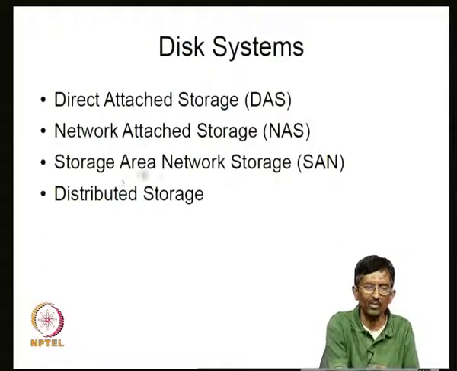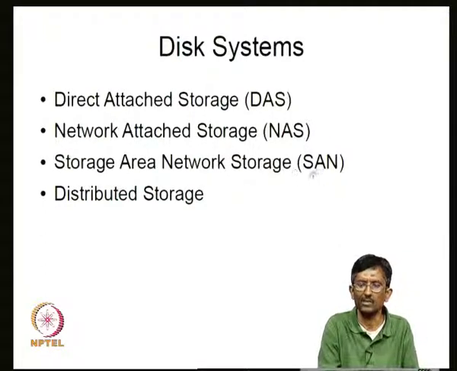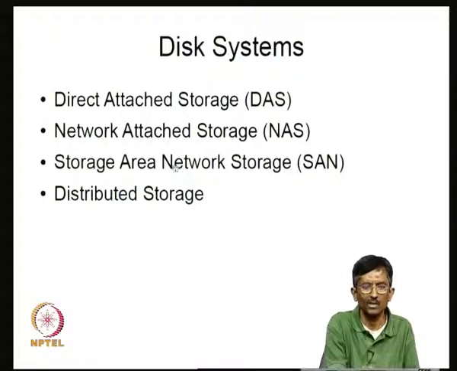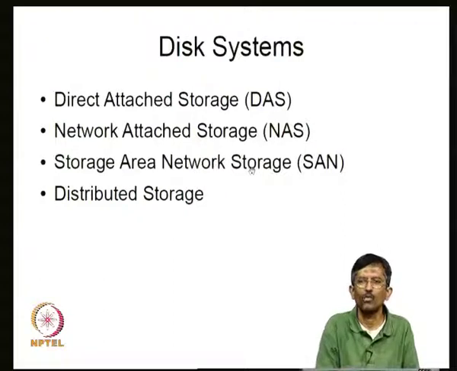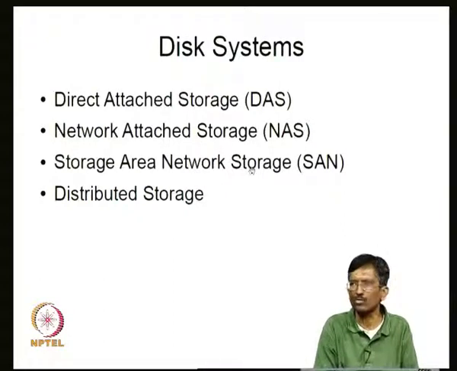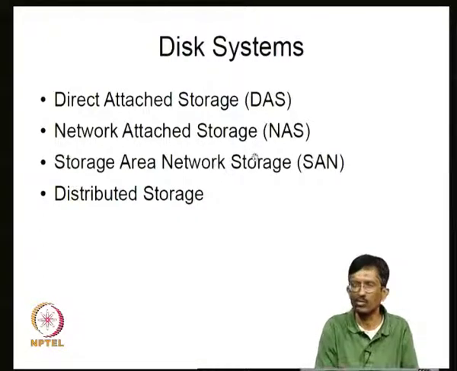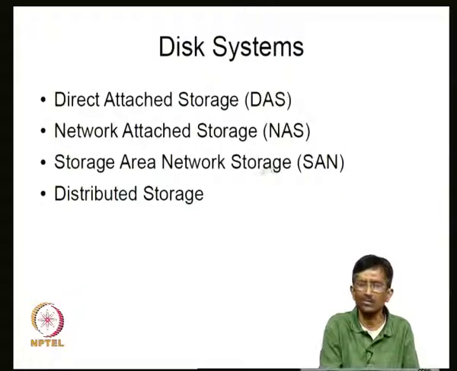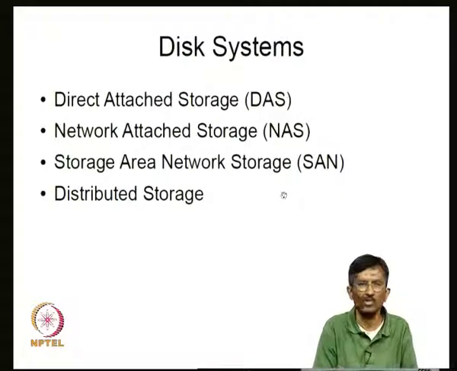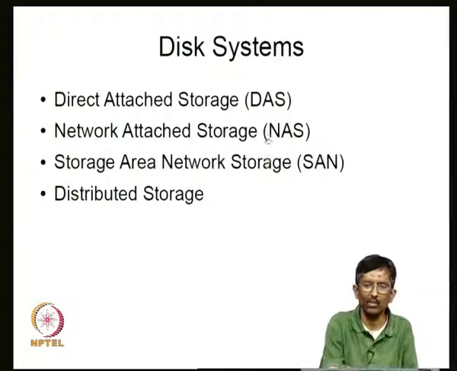There is also something called a storage area network, and this is what is called the block level. Here the requesters will only ask in terms of block numbers, not files. Typically a file is composed of many blocks. So, a storage network is accessing things at the block level, not at the file level, but NAS is accessing at the file level.